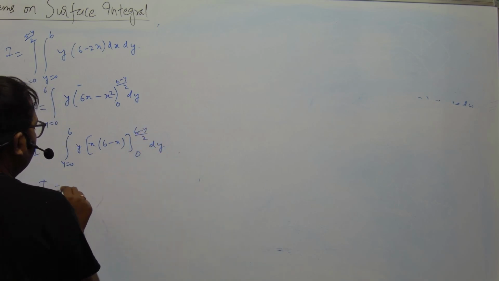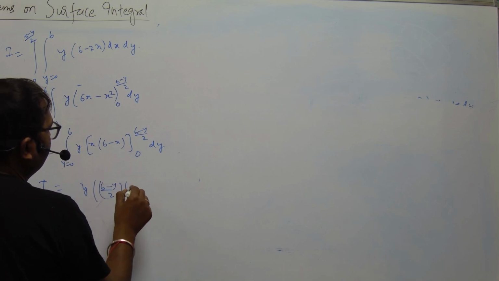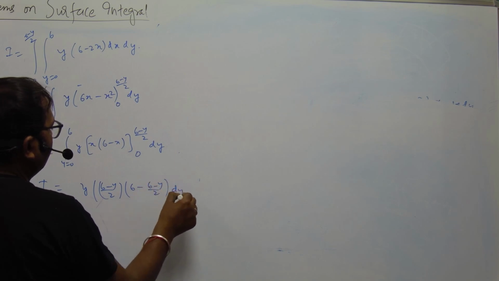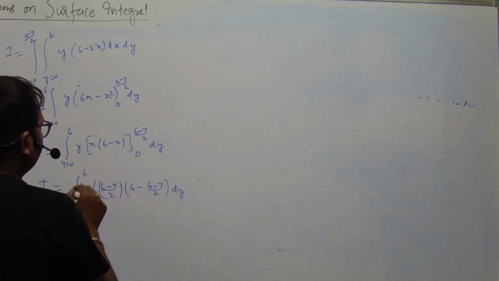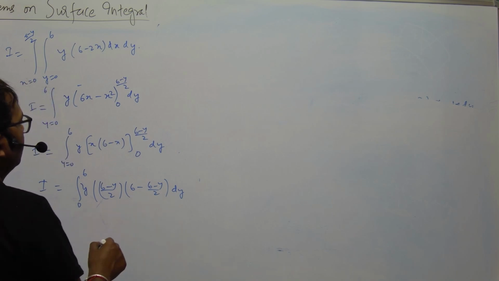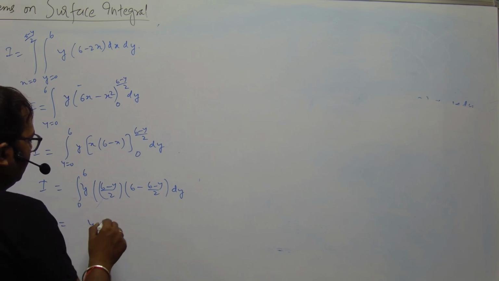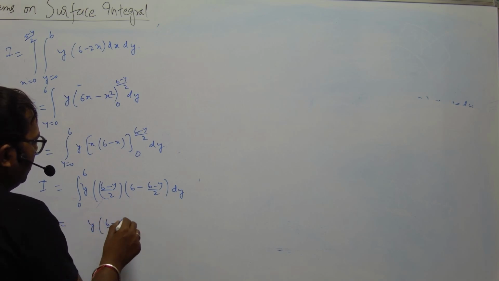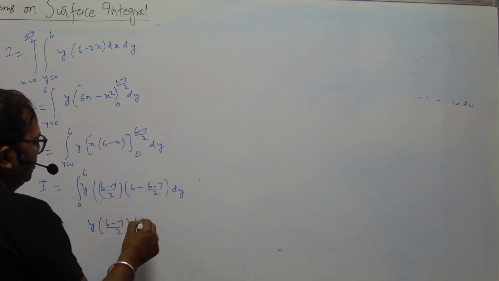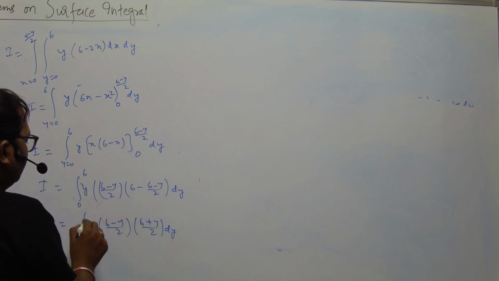I is equal to the integral of y times (6 minus y) upon 2 times dy from 0 to 6. This will be equal to y times (6 minus y) upon 2 times (12 minus 6 plus y) dy, with value 0 to 6.